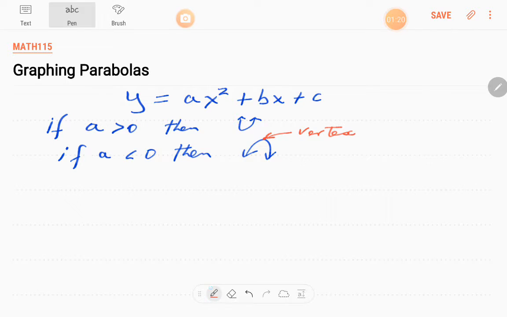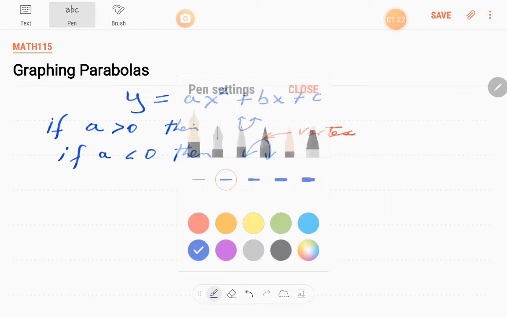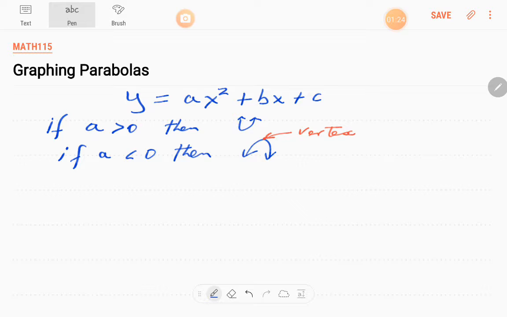And to find the turning point, or the vertex, you could just let x equal to minus b over 2a, okay? That's going to give us the x value of the vertex. And then we're going to use substitution back into the original equation to find the y value as well.